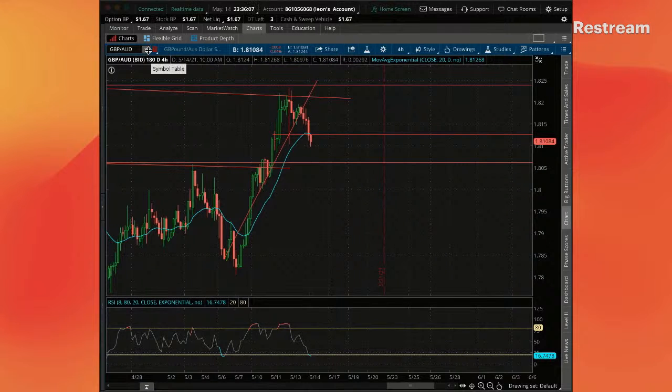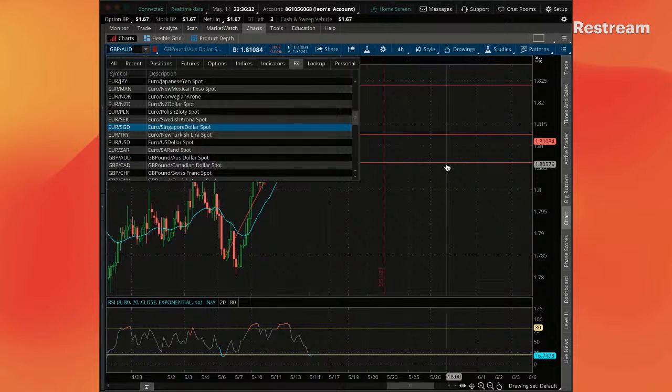The euro AUD, the pound AUD, so pretty good pairs. Both of them are pairs to look for Sunday, because could be gapping open like this pair. And then the euro AUD, that's already pretty much almost there.